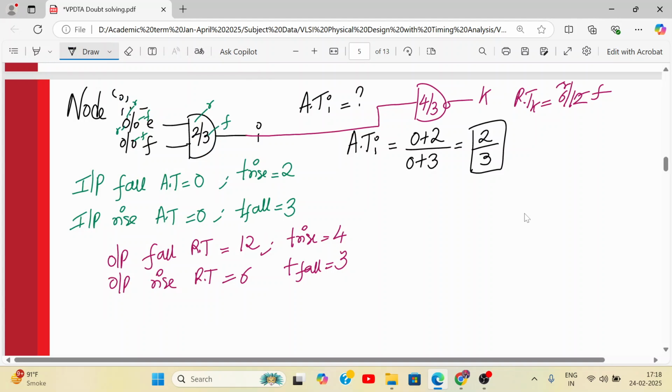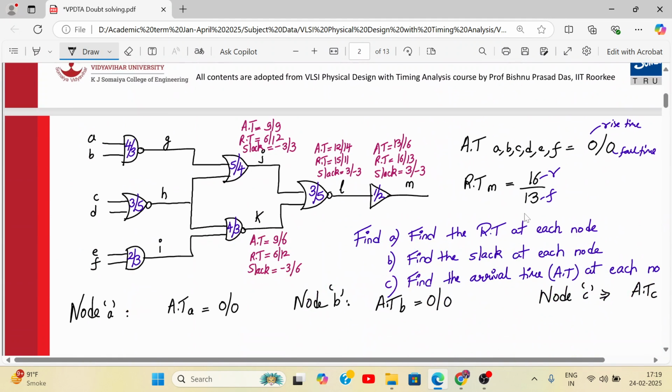Then now we have to calculate the return time at node I. So it is given by output rise return time minus T rise upon output fall return time minus T fall. Okay, so it will be 6 minus 4 for K. For K is 4 by 3.